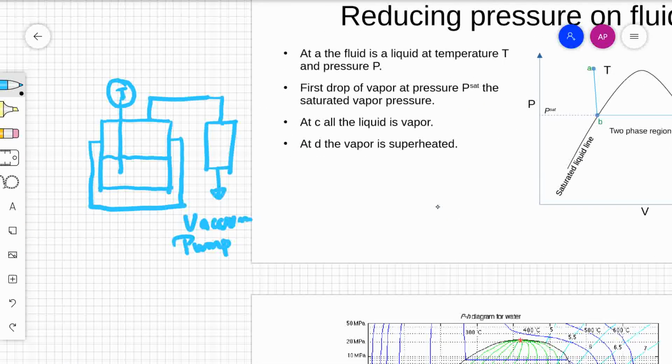Now what this vacuum pump will do is, it will reduce the pressure on the liquid, and we have an arrangement to note the pressure also.